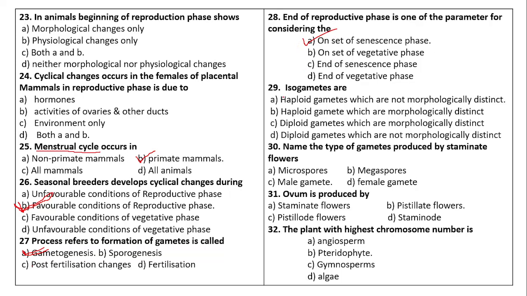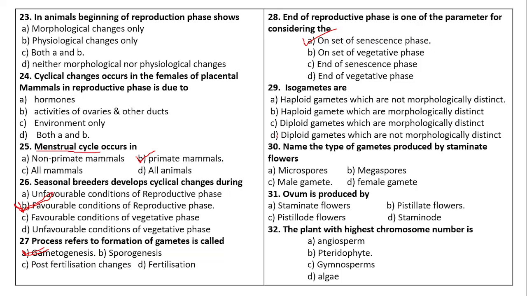Then question number 29. Isogametes are dash. Option A, haploid gametes which are not morphologically distinct; B, haploid gametes which are morphologically distinct; C, diploid gametes which are morphologically distinct; D, diploid gametes which are morphologically not distinct.